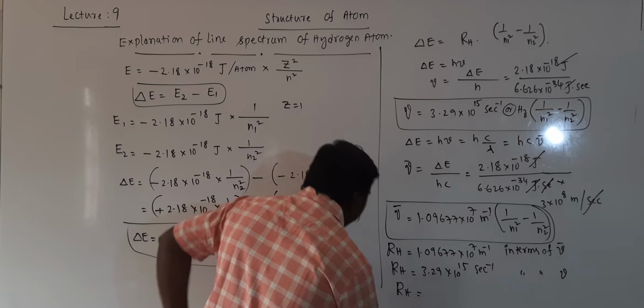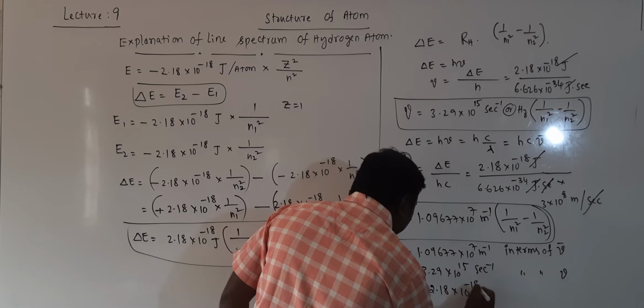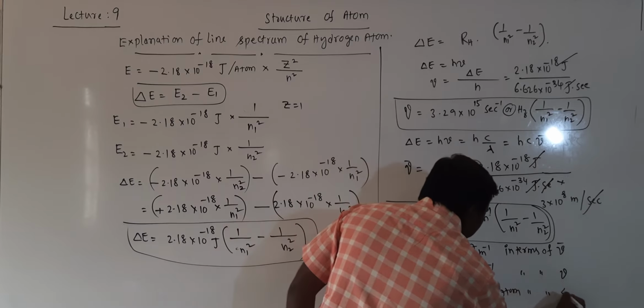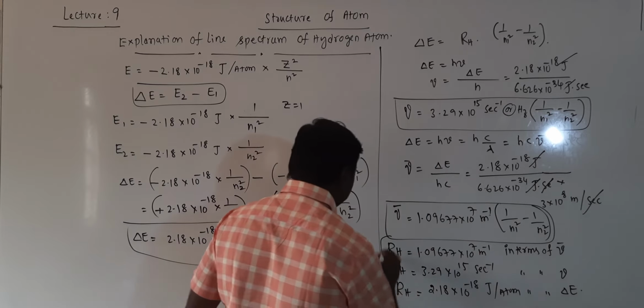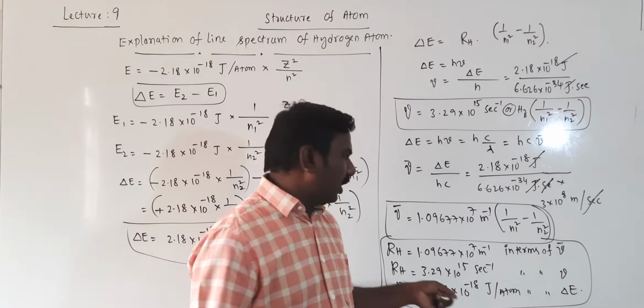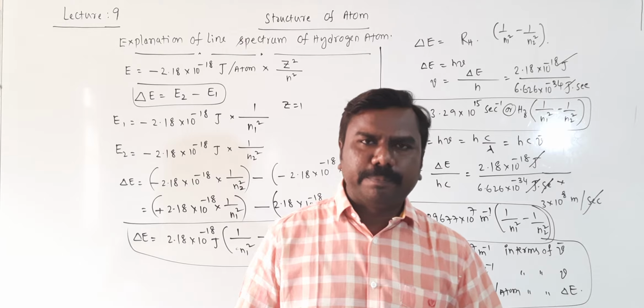RH value is equal to 2.18 into 10 to the power of minus 18 joules per atom in terms of energy quantity. It means by this single formula, 1 by n1 square minus 1 by n2 square is the common term.